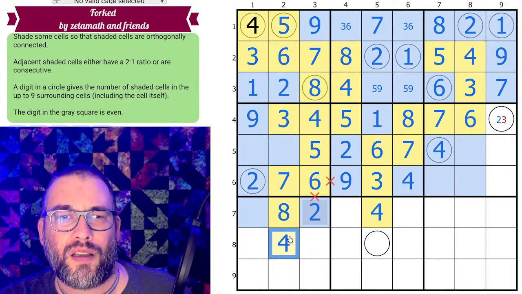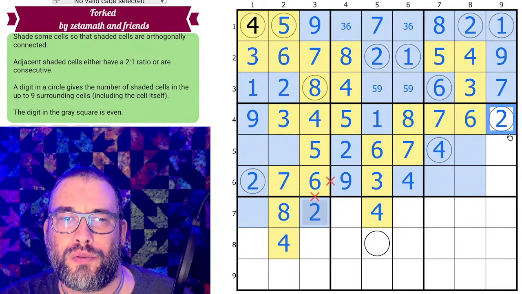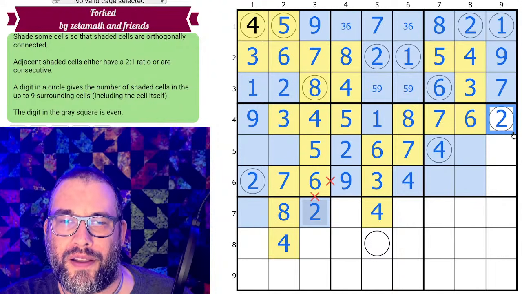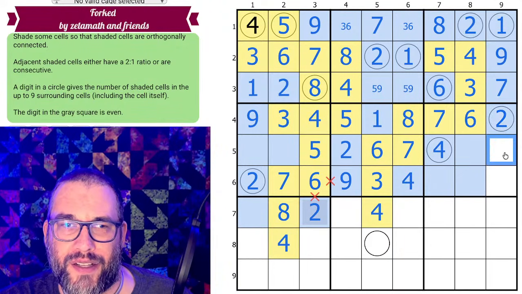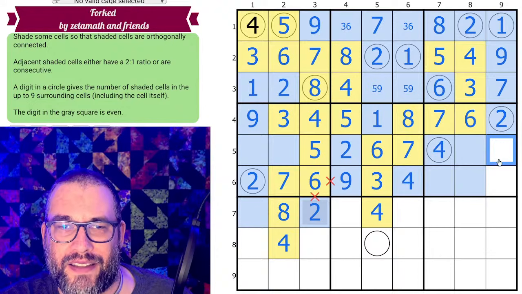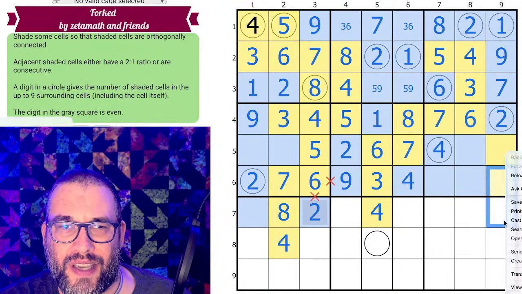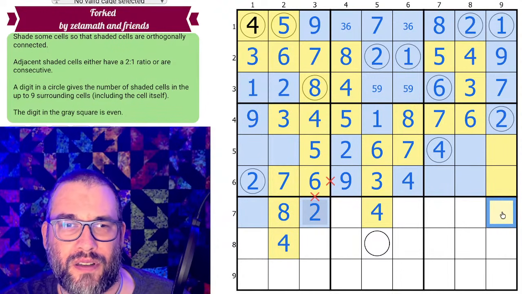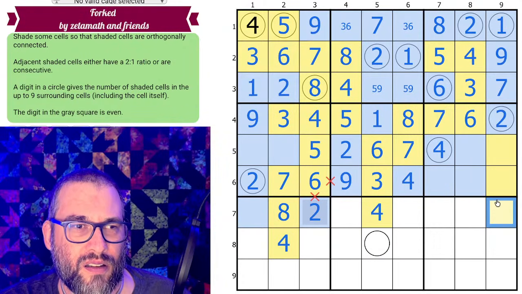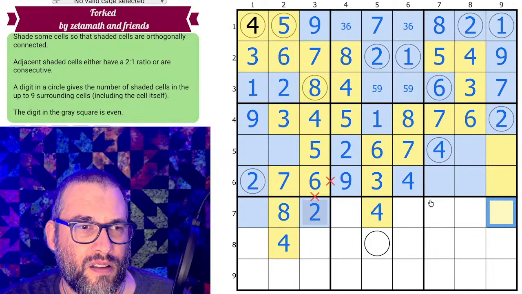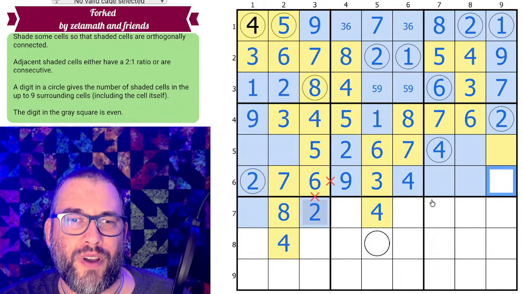This is now a 2. Oh, no, it can't itself be shaded. So we know exactly this cell is shaded. So this has to get out. Oh, sorry.